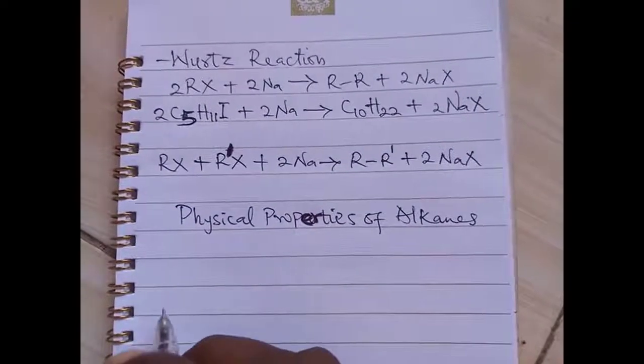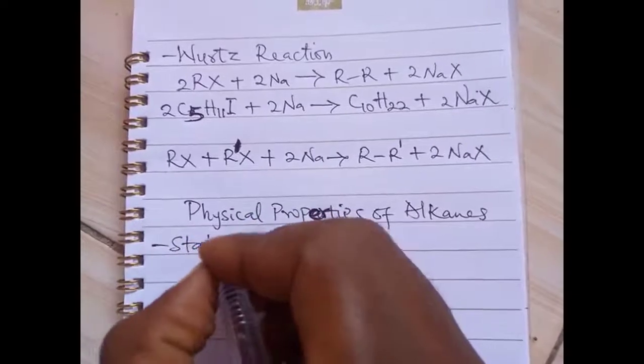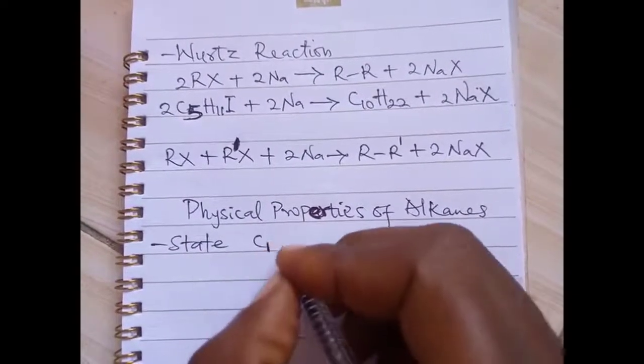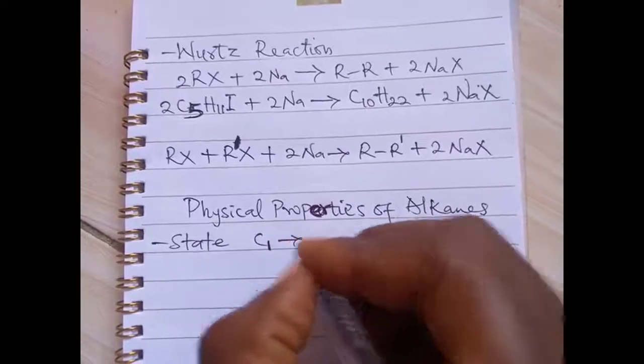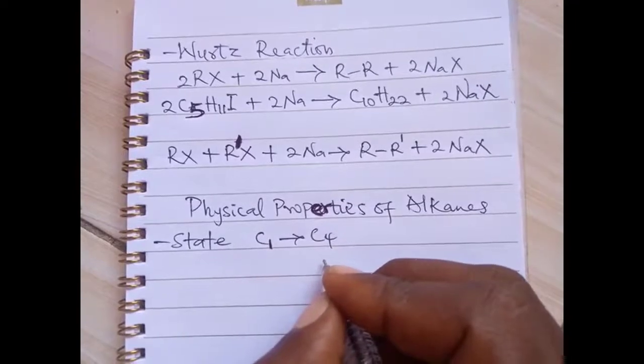So the next thing we look at is the physical properties of alkane. The first one, their state. Methane, that is C1, to butane, that is C4, are colorless gases at room temperature.